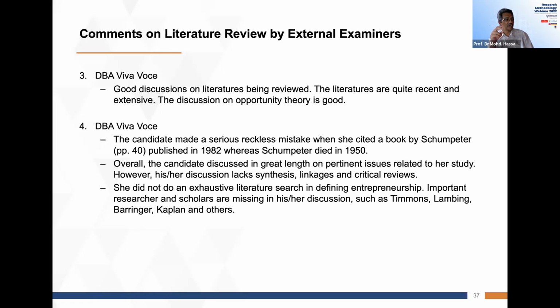So finally, they allowed him to complete within 2.5 years on the approval of the Senate, on the condition that he publish an article in a Scopus journal, which he did. After completing his Viva, he published one paper 3 months later, so he was able to finish his DBA in less than 3 years. So it has to be decided by the Senate of the university.